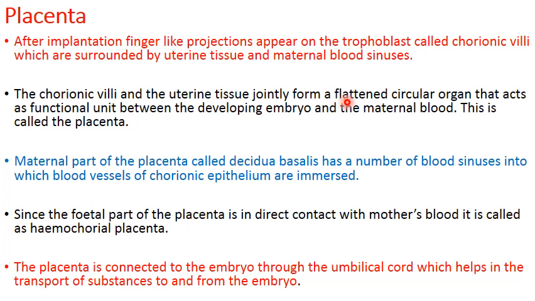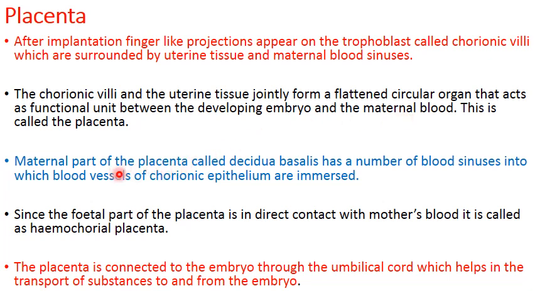So a flattened circular organ is formed by the combination of the chorionic villi and the uterine tissue, and that acts as a functional unit between the developing embryo and the maternal blood. Because the chorionic villi are literally dipped in the maternal blood, they get their necessary requirements from there.